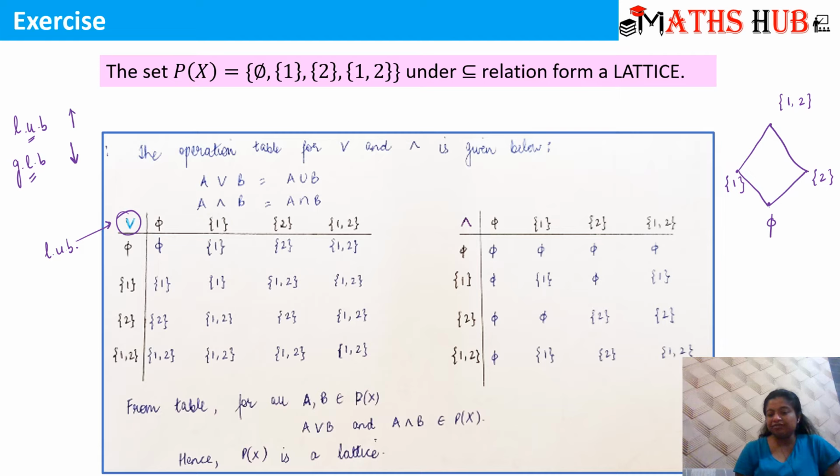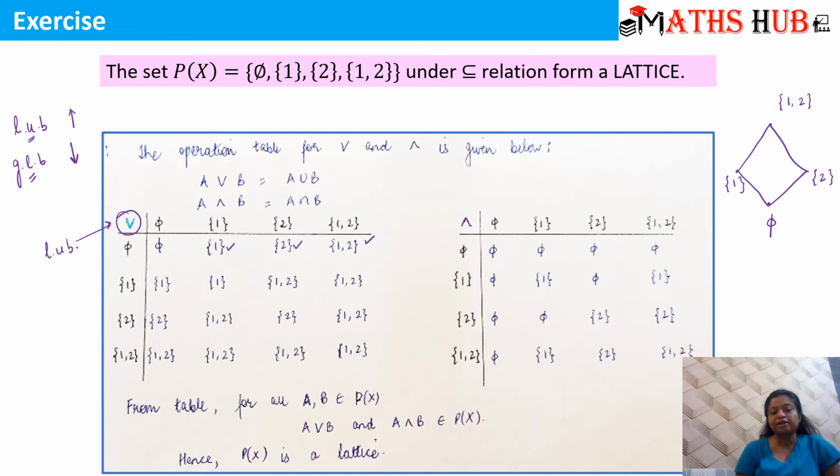You can see that for phi and 1, the first point of contact is 1. So our answer is 1 here. Then phi join 2. Phi and 2, the first point of contact is 2. Phi and 1, 2, who is the first point of contact? It is 1, 2, right? So we get the elements 1, 2 here, and we put in the same entries in the first column, right?